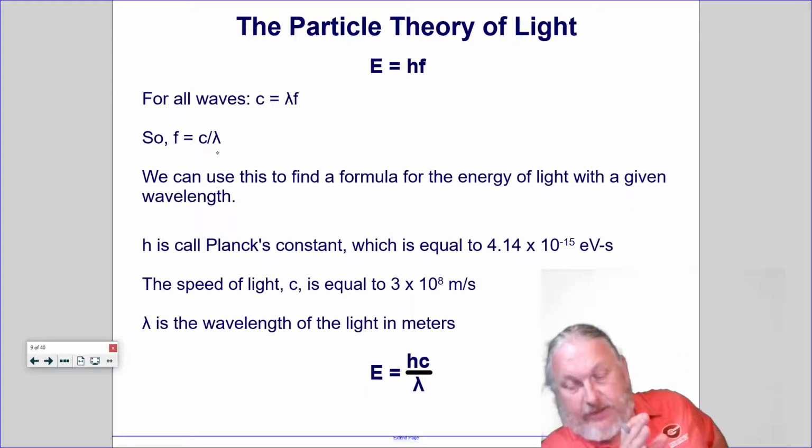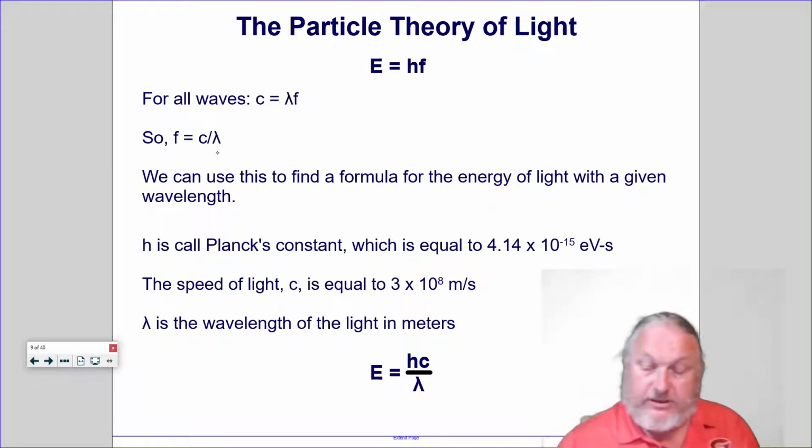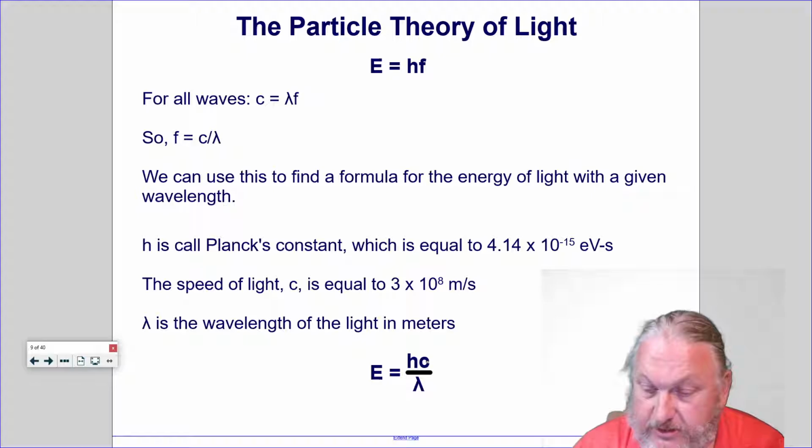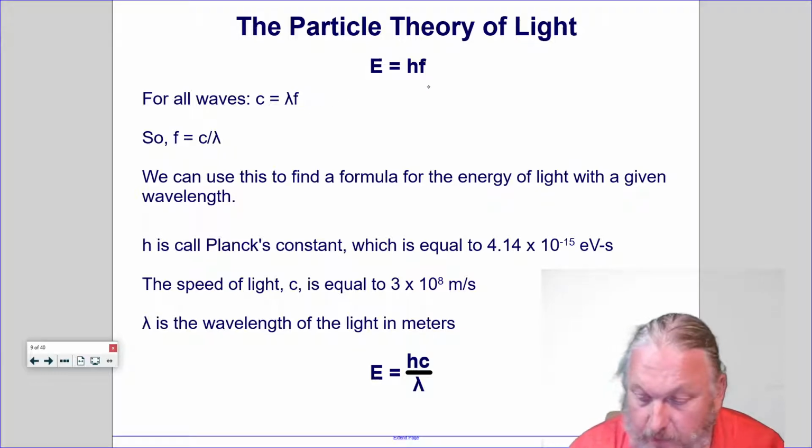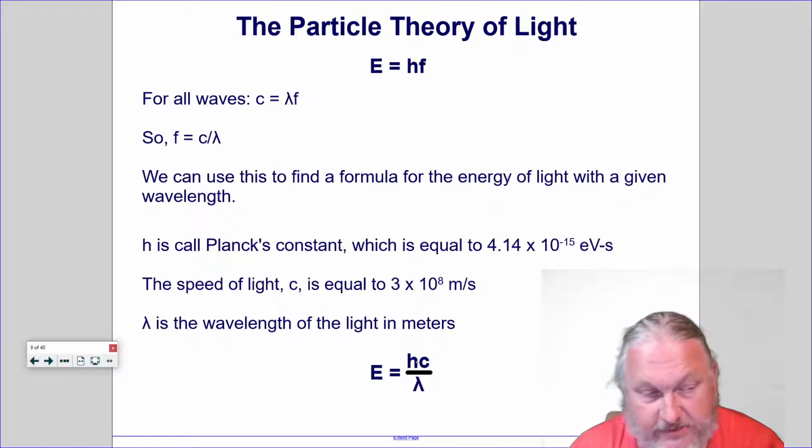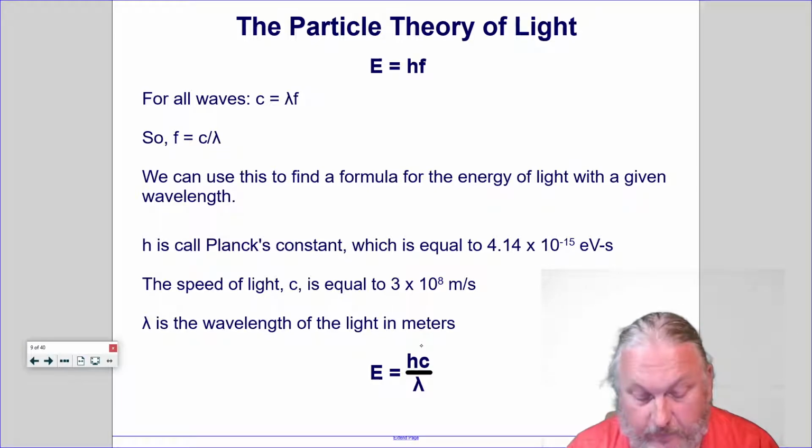Again, h, Planck's constant, is 4.14 times 10 to the minus 15 electron volt seconds, and the speed of light is 3 times 10 to the 8th meters per second. Lambda is the wavelength of light in meters. So we can sub that in for f, and when we do, we have E equals Planck's constant times the speed of light divided by lambda.